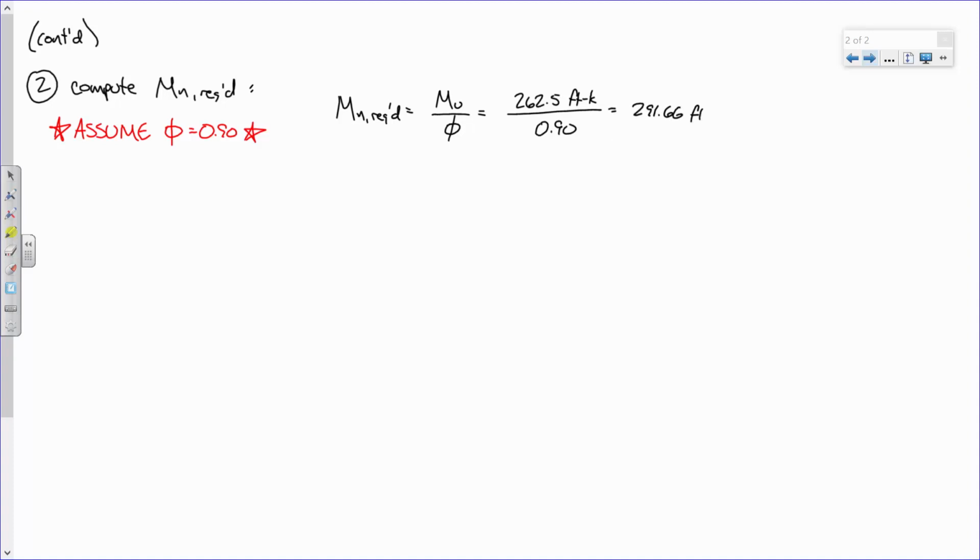Now, you know by now that whenever you're in design mode, we might as well go ahead and convert that to inch kips.